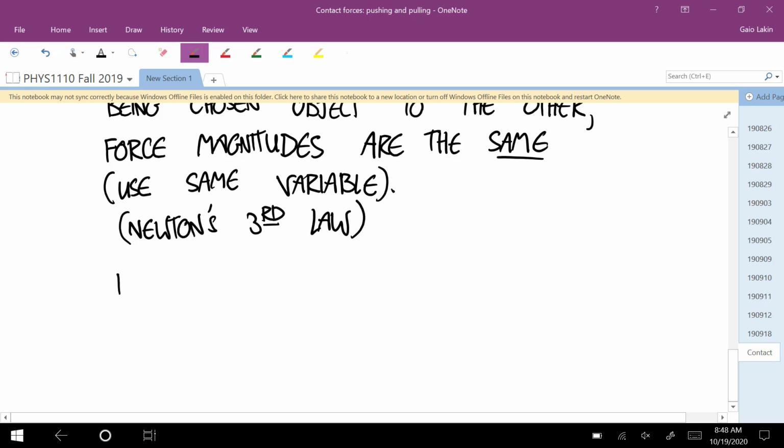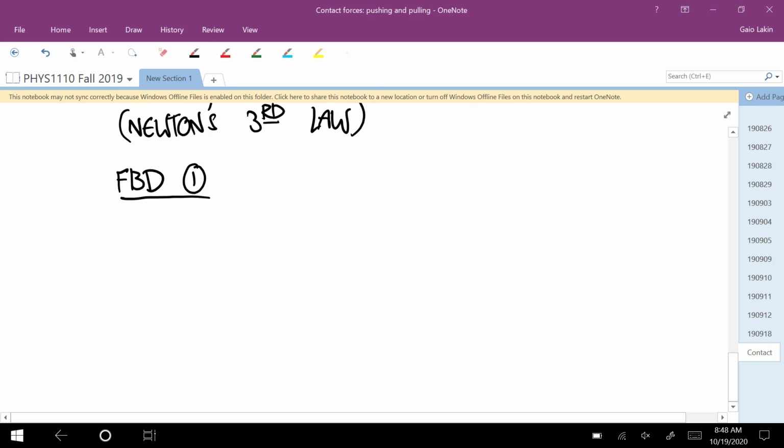Okay, so my free body diagram for the 1 kilogram cart. We have the weight force. We have the pushing force from the ground.